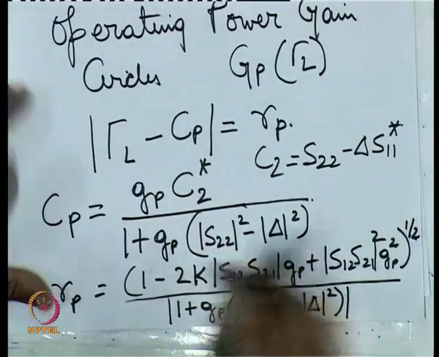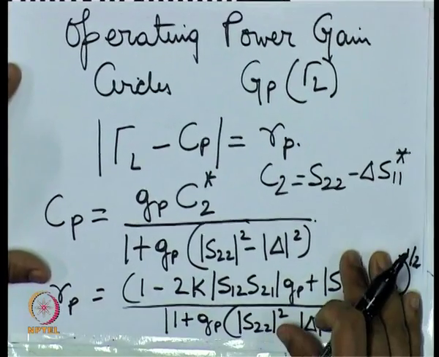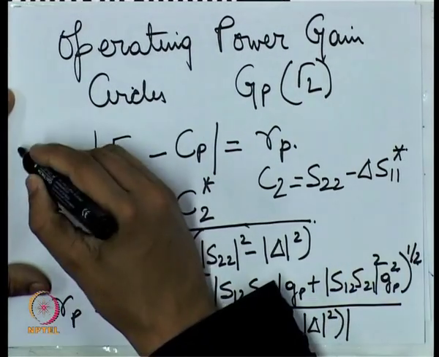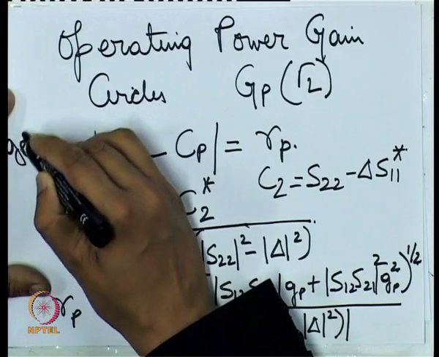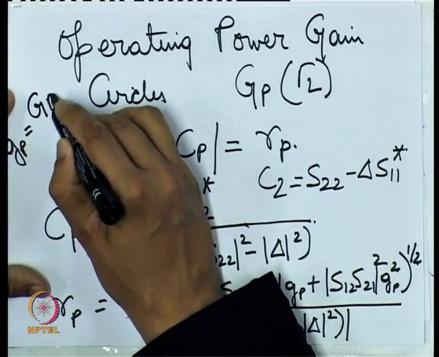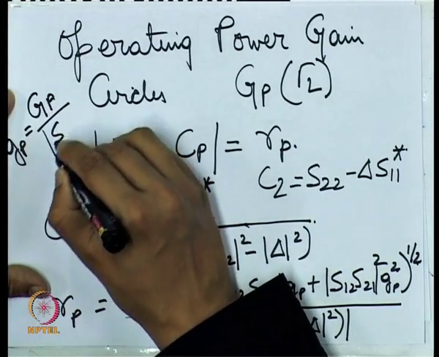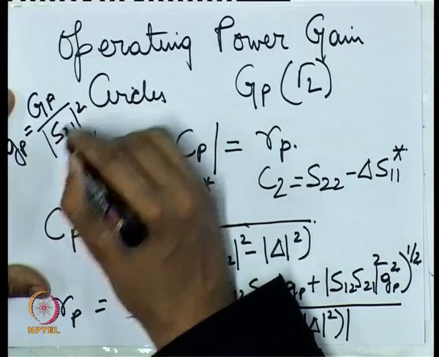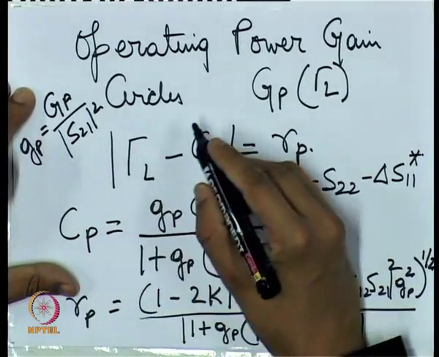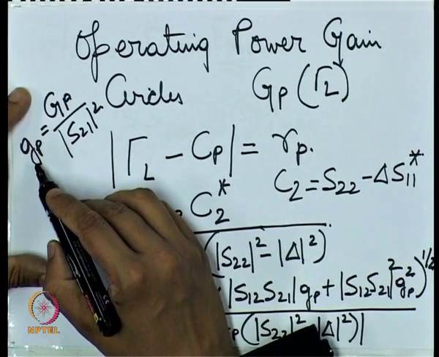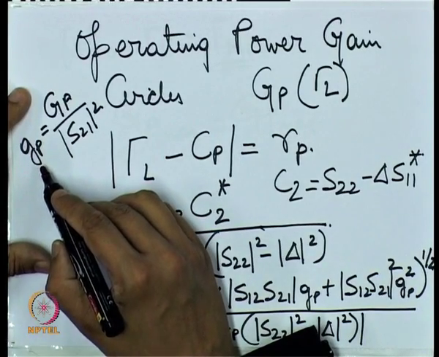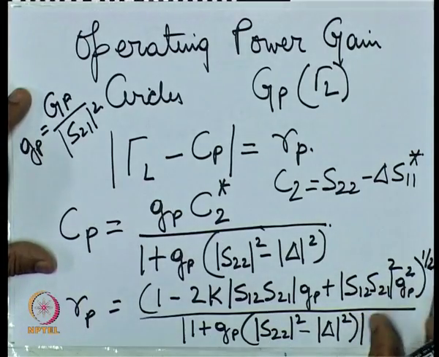This small Gp, I didn't mention the definition, is defined as the actual power gain divided by S21 squared. So this small Gp is the normalized operating power gain.